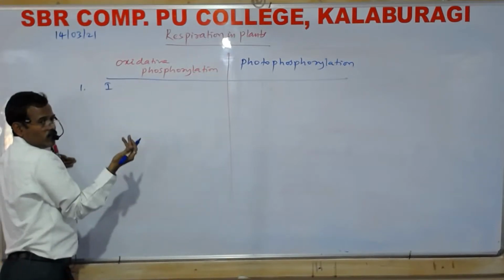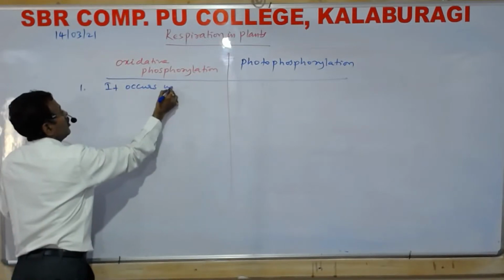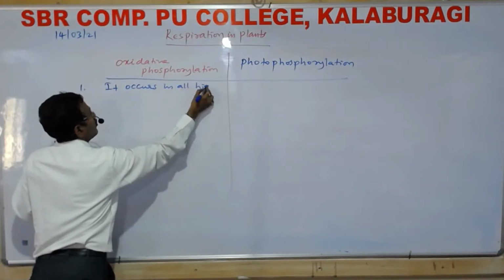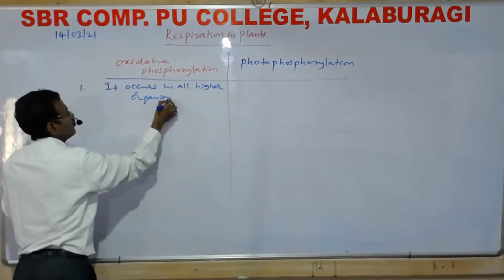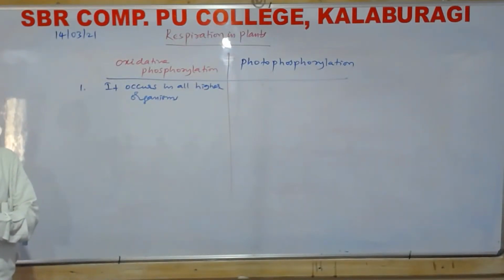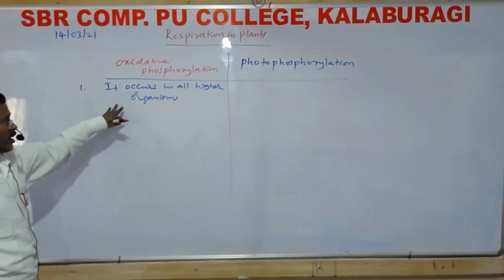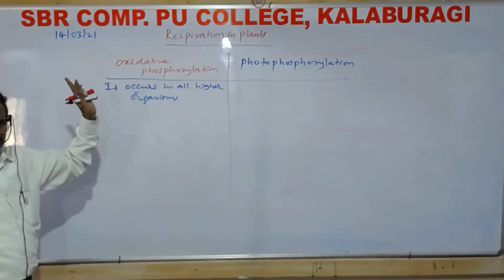Oxidative phosphorylation occurs in higher organisms, eukaryotes. Usually it occurs in all higher organisms, plant, animal, whatever it is.